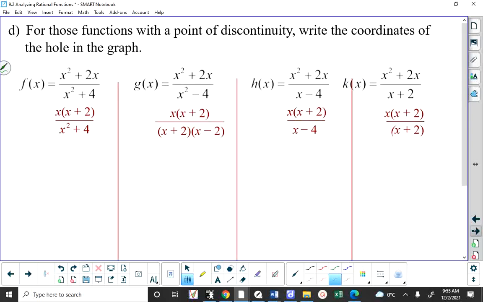For those functions with a point of discontinuity, which is the hole, and there was a hole here, and there was a hole here, am I correct? Okay. The hole for g of x was at -2. So the x coordinate of the point that doesn't exist is -2.